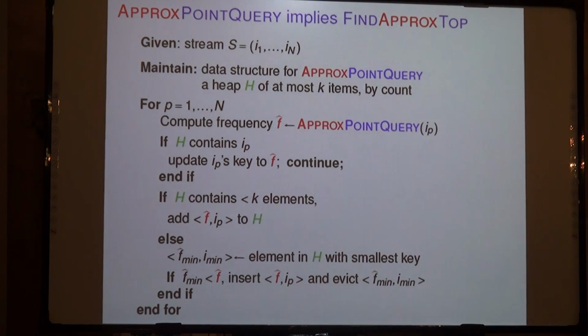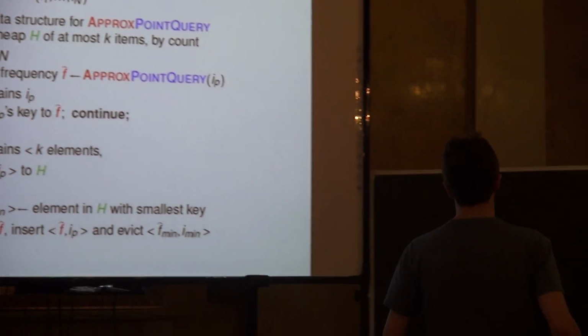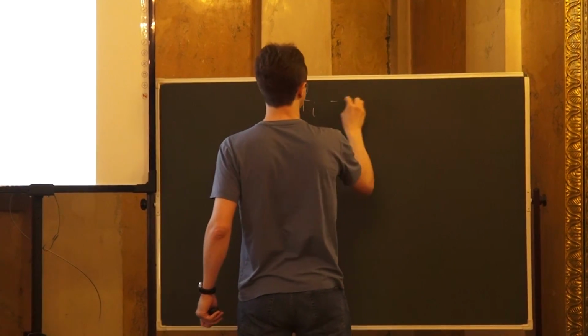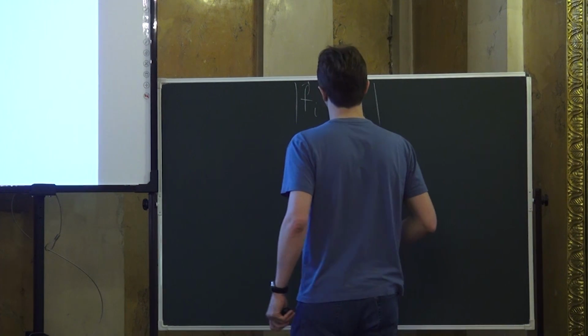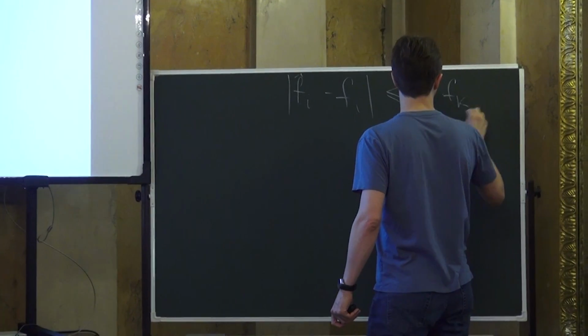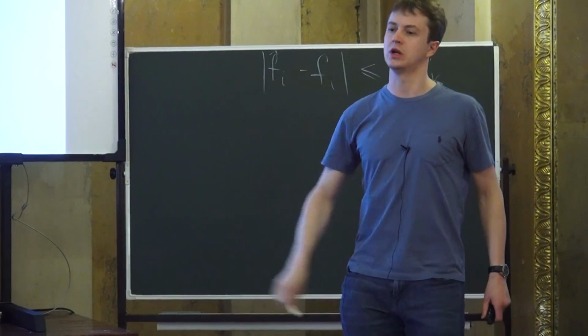Basically what we will design is some primitive that gives us fi hat such that fi hat minus fi is at most epsilon times fk. So this is what we will ultimately get.